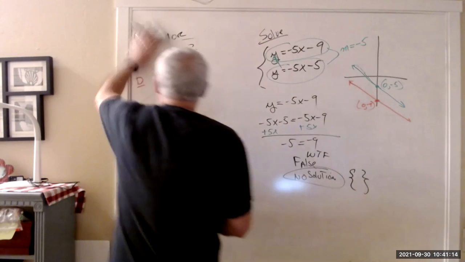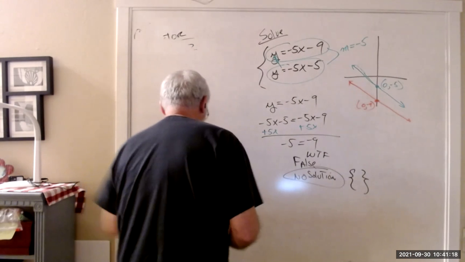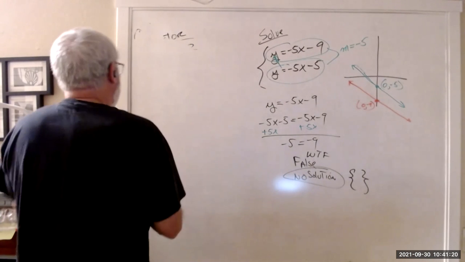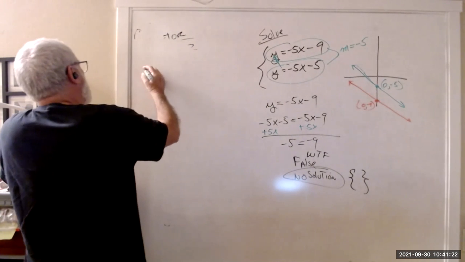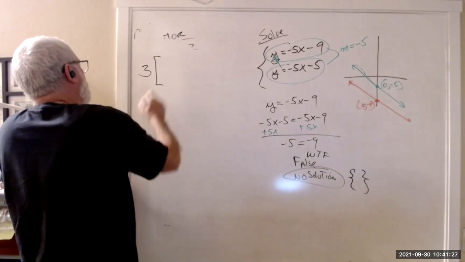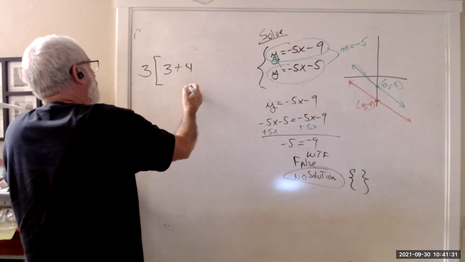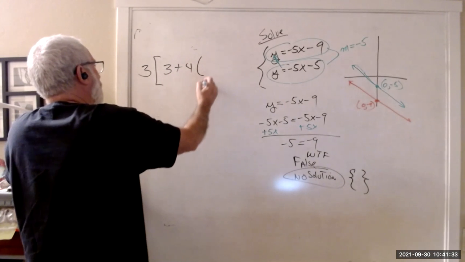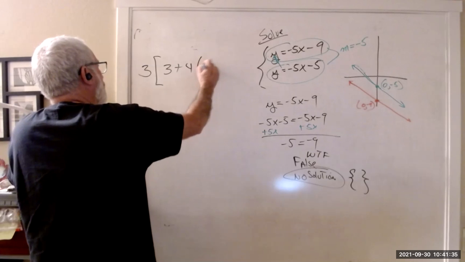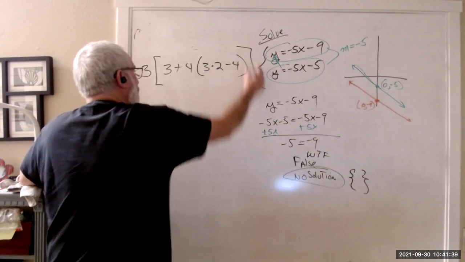Okay, so let's look at it again. Repeat it for me again. 3, and then bracket 3 plus 4, and then in parentheses 3 times 2 minus 4 end parentheses, and then end bracket.